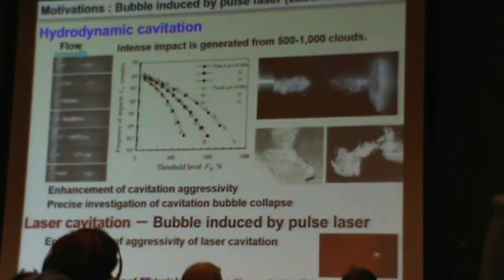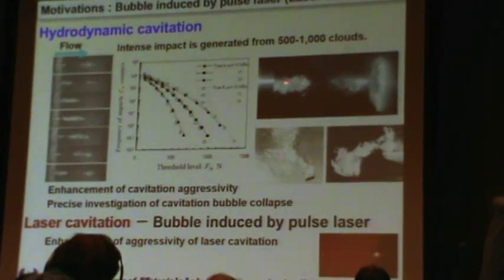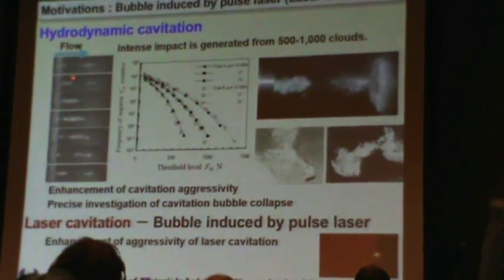Now, I'd like to talk about why I'm going to move to the pulse laser. As I told you, these white bubbles are shedding periodically. This is a picture taken by a high-speed video camera. The cloud is shedding periodically. If we measure the cavitation intensity, this is the intensity and this is the frequency of cavitation impact.